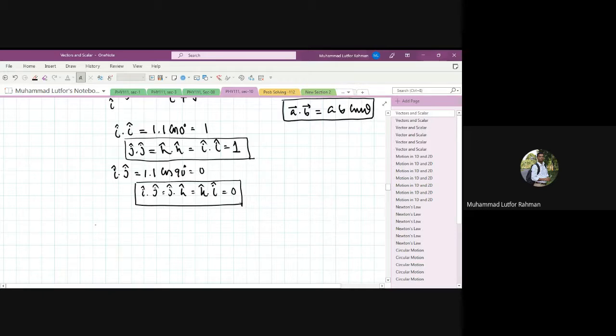Fine. Now what about i cross i? It is also 0, right? We are going to find this out using the cross product formula, A cross B equals AB sine theta into eta hat.